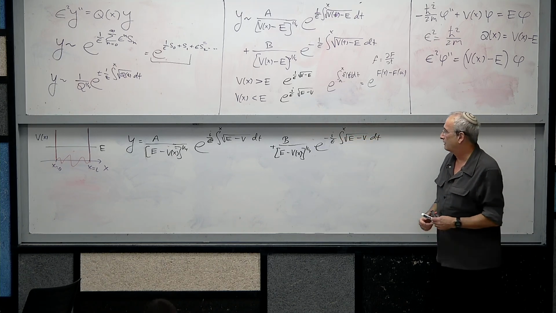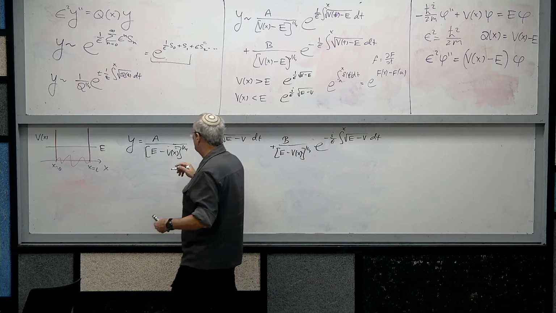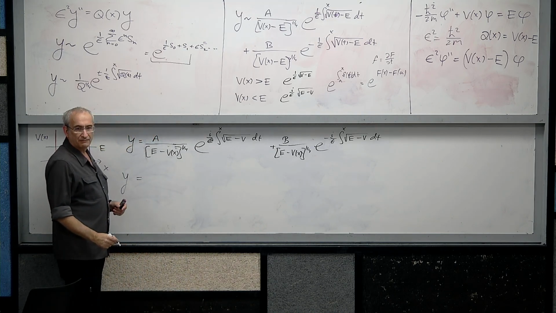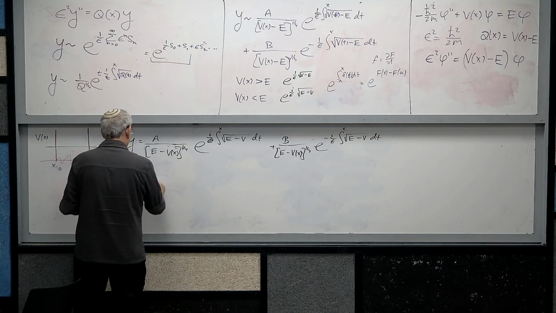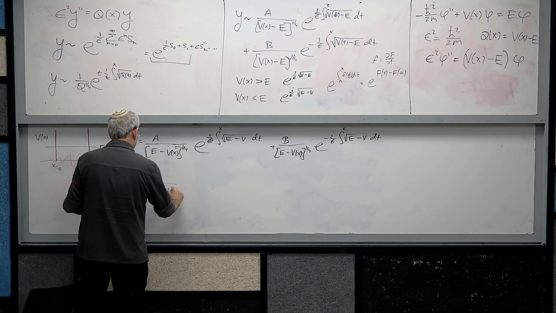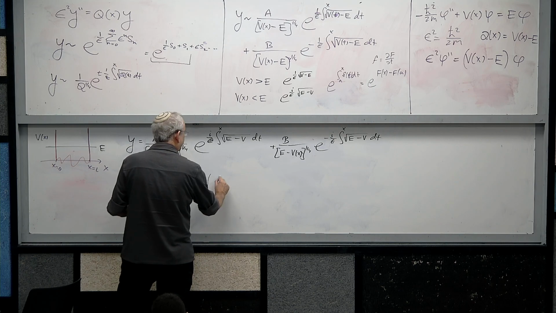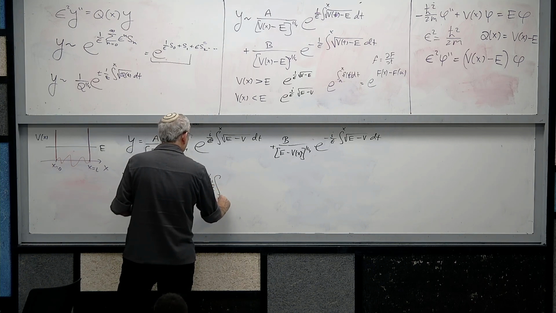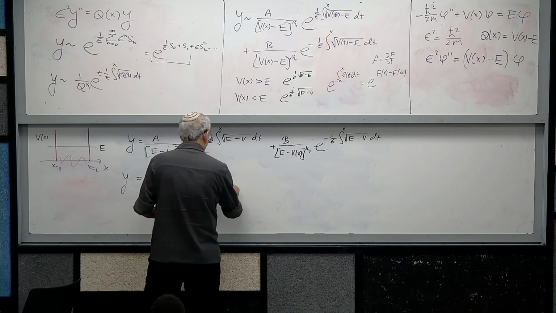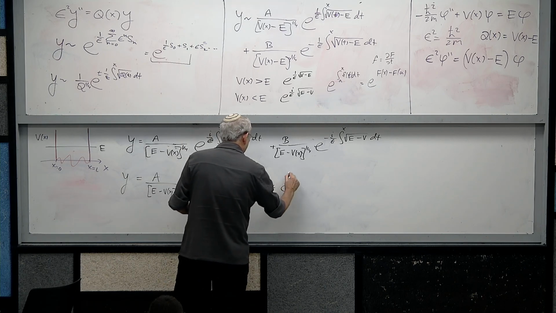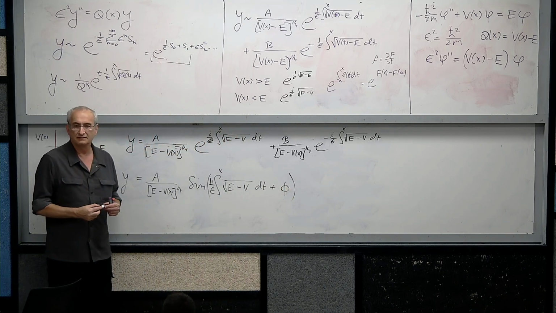Okay? Now, you already know that I can write y in a much simpler form, which is a over E minus V of x to the power of 1/4 times sine of 1 over epsilon, the integral up to x of the square root of E minus V dt, plus some phase phi.